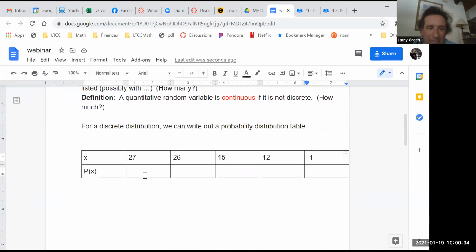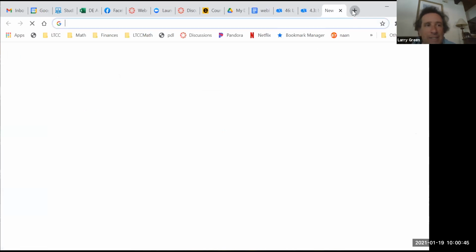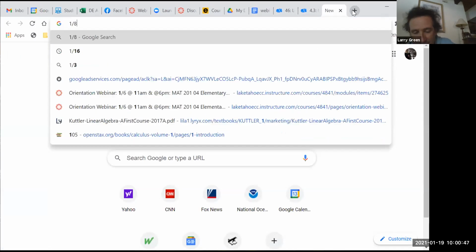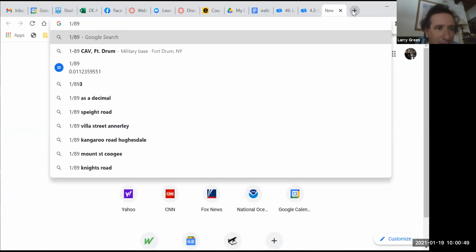Okay. Now the probabilities, the first probability is going to be 1 over 89 because there's one number that made you win $27. So I'm actually going to type in 1 over 89. And I get 0.0112, 4 decimals is enough.